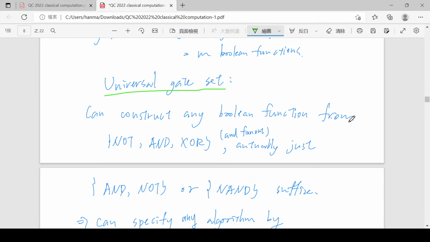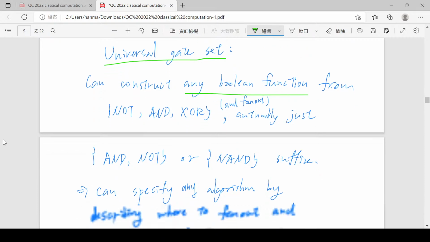So there is this nice result. We will not cover the proof. That's saying any Boolean function can be constructed or computed by a circuit that only uses NOT and XOR gates, and also fan-outs.